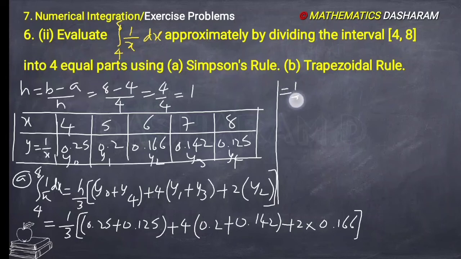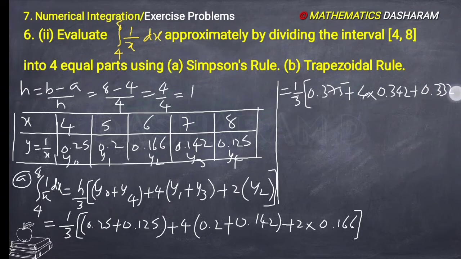It is equal to 1 by 3 bracket of 0.25 plus 0.125 is 0.375, plus 4 into 0.2 plus 0.142, so it is 0.342, plus 2 into 0.166 is 0.332.